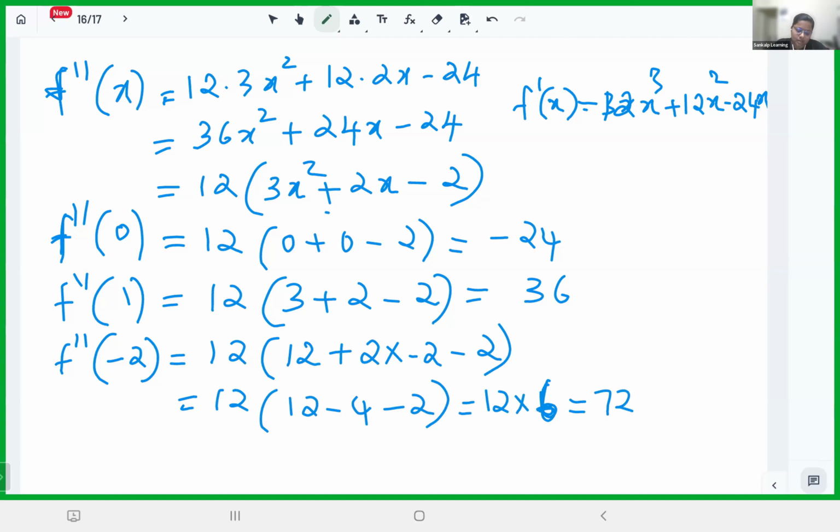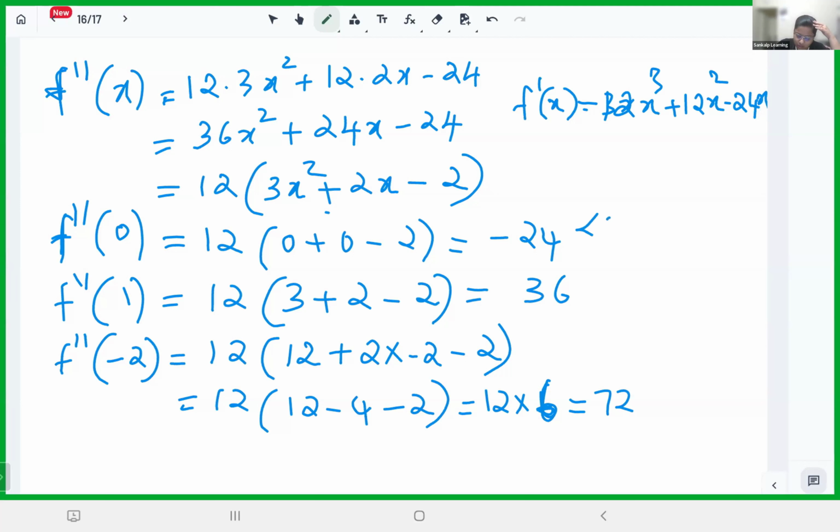Okay. So if f double dash of c is greater than 0, we can say that c is a point of local minima. If f double dash of c is less than 0, we can say that c is a point of local maxima.